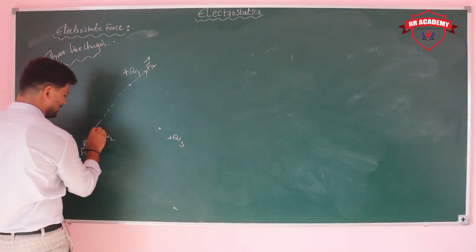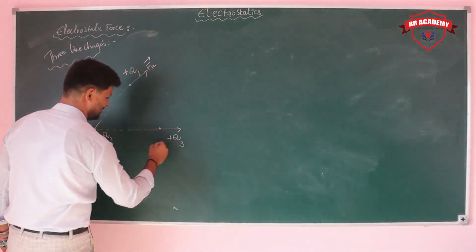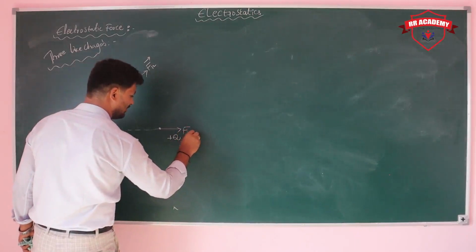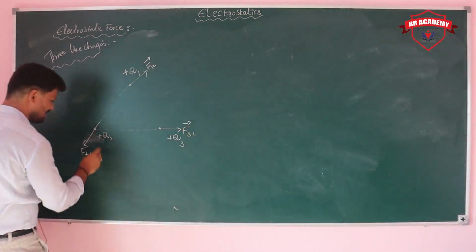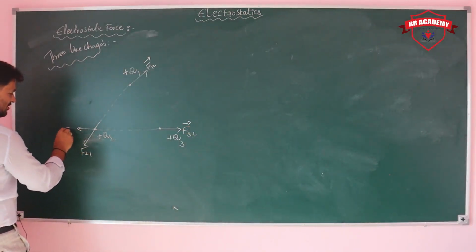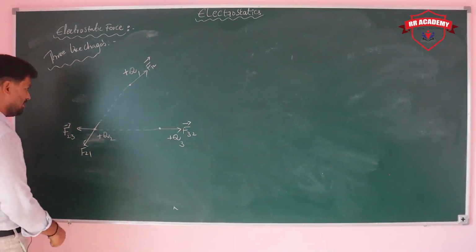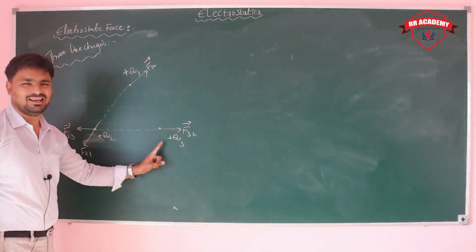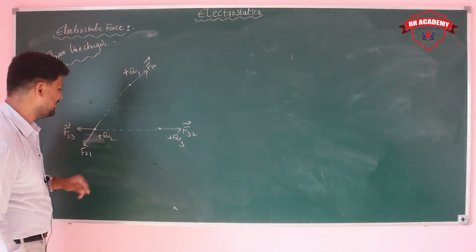And what about this? Here F32, force on 3 by 2, and this is F23, force on 2 by 3. Means 2 is repelling 3, 3 also repelling 2. See the directions.